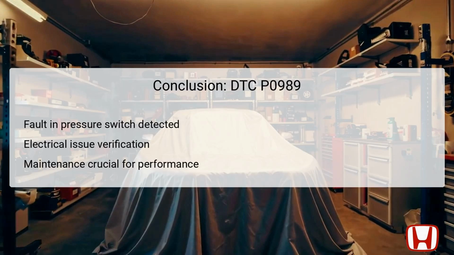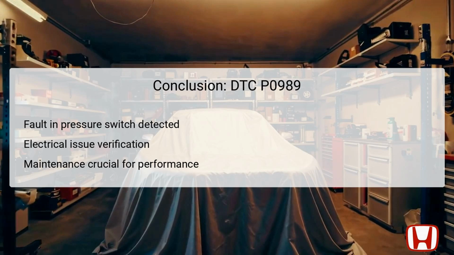In summary, diagnosing and resolving DTC P0989 involves a thorough understanding of the transmission fluid pressure switch E and its associated wiring. This DTC primarily indicates an electrical issue affecting the circuit rather than a mechanical failure.